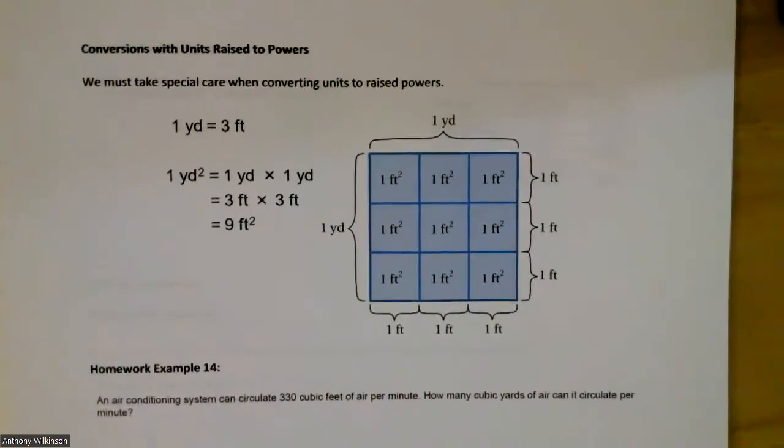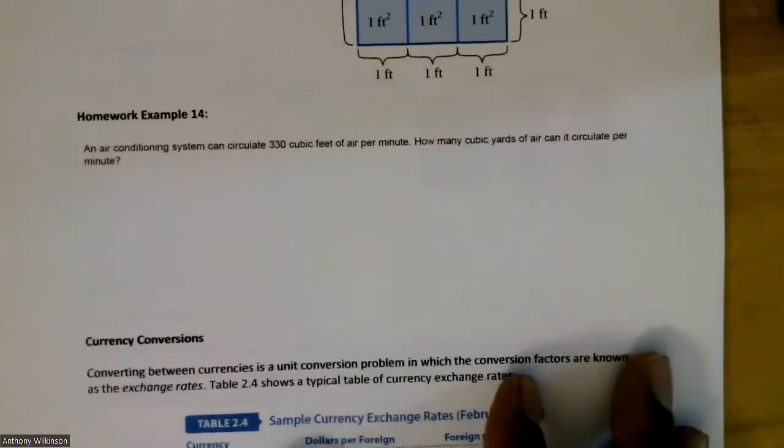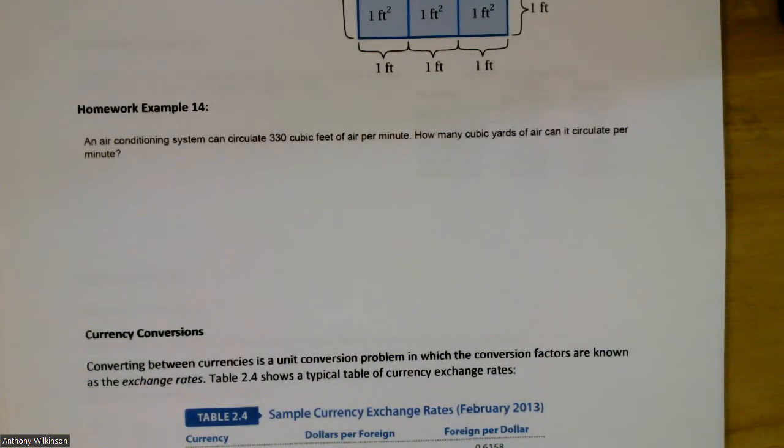All right, let's use this idea with example 14. An air conditioning system can circulate 330 cubic feet of air per minute. How many cubic yards of air can it circulate per minute? All right. I know for a fact that a yard is equivalent to 3 feet.